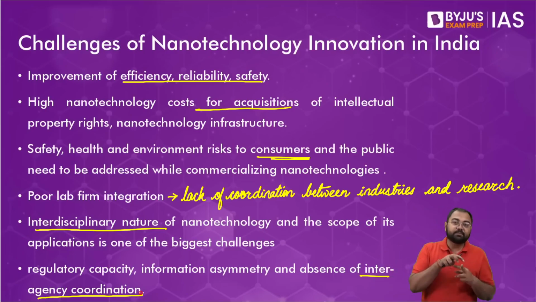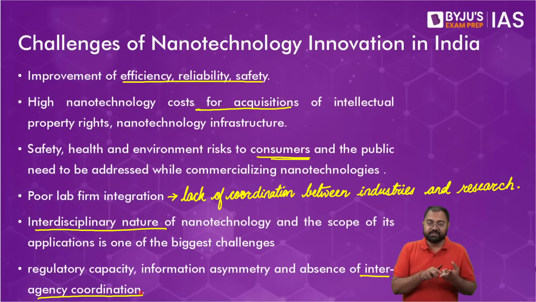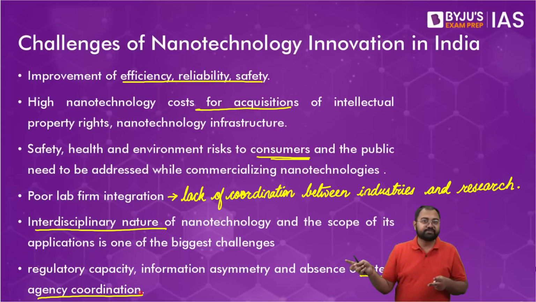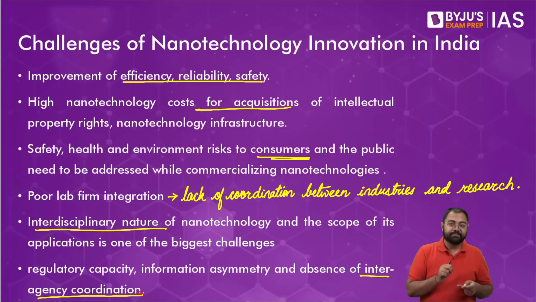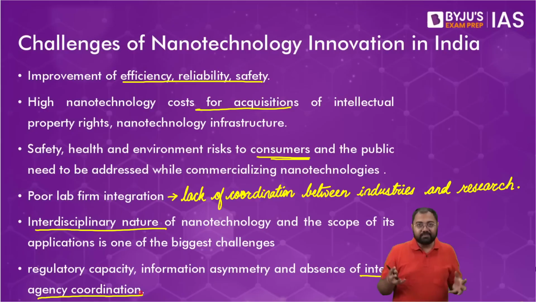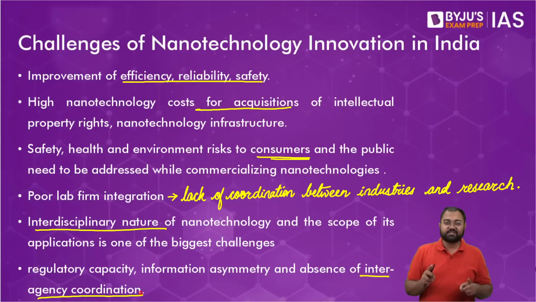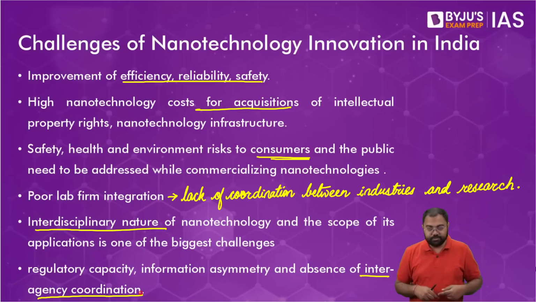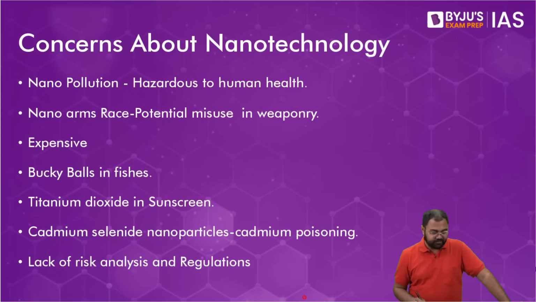Sometimes some of the programs taken up by the Ministry of IT and Electronics wouldn't be coordinated with the Ministry of Science and Technology, and vice versa. That's where there will be a lot of duplication of work, and a lot of duplication of funds, etc. So we need to optimize all this. We need to coordinate better between the various agencies related to all these fields. So that also becomes very, very important. That's why there are all these challenges that we have.